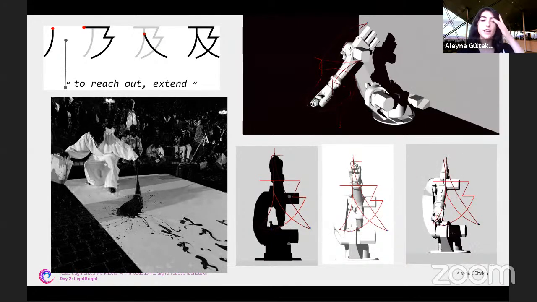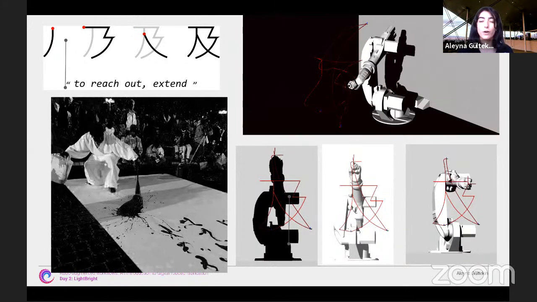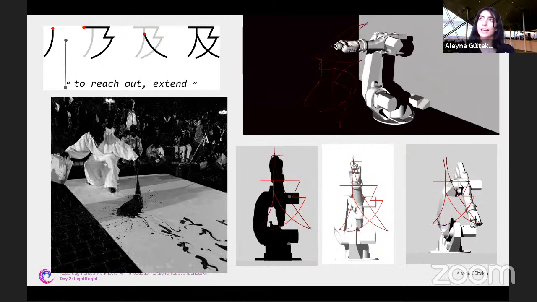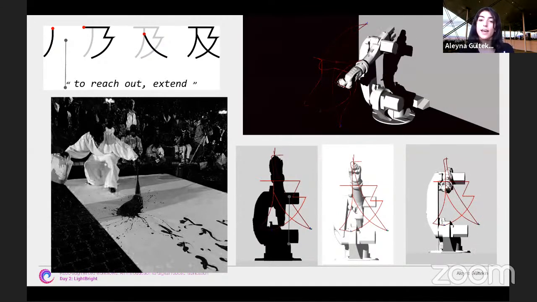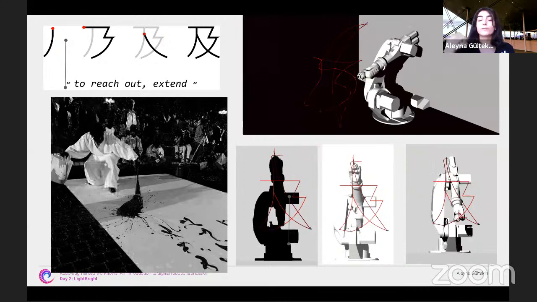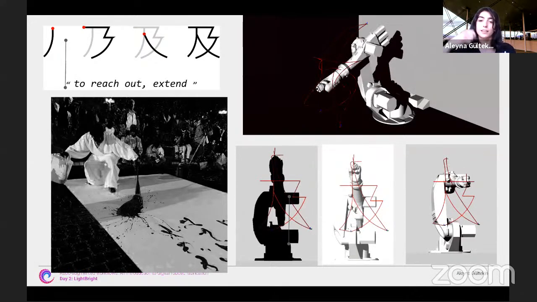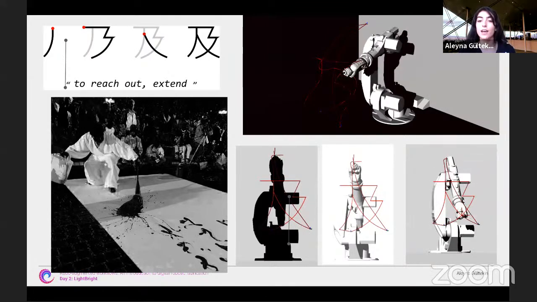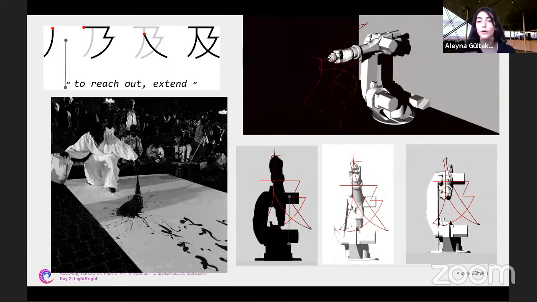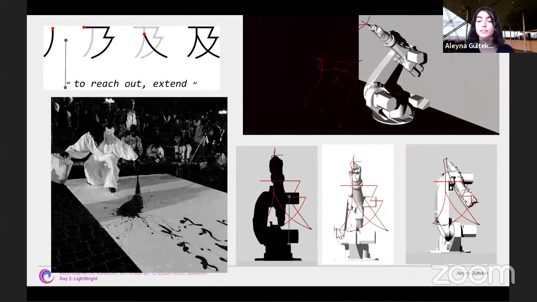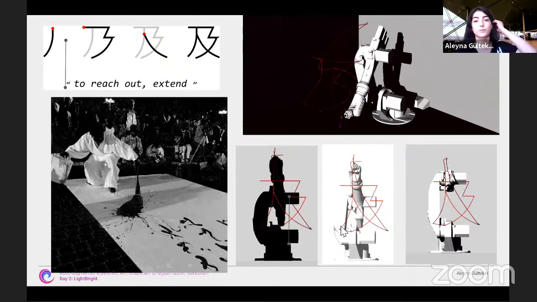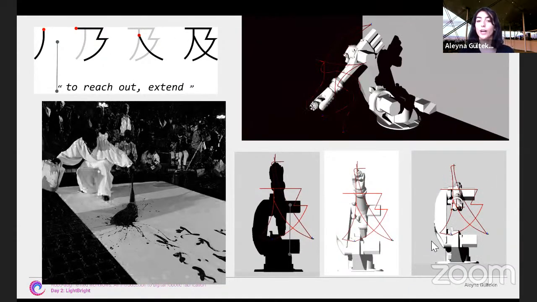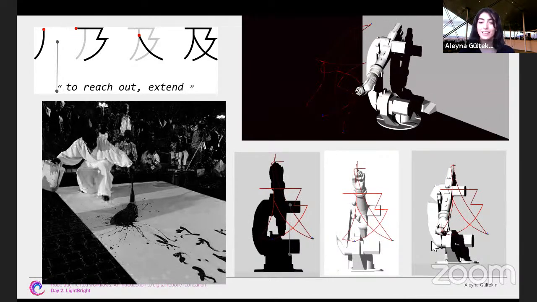And I wanted to see, because shodo means the way of writing, how we can take that ancient art and recreate it with robotic structure. And because it's a way of writing, there is a certain way to create these characters. And I experimented with different ways of writing with the Kuka, with the Bianco, let's say.